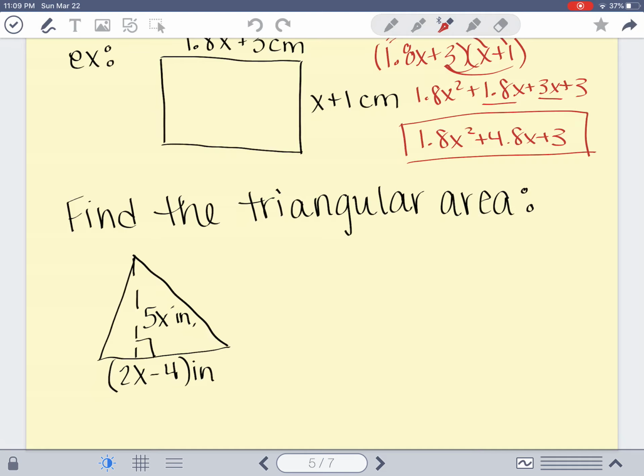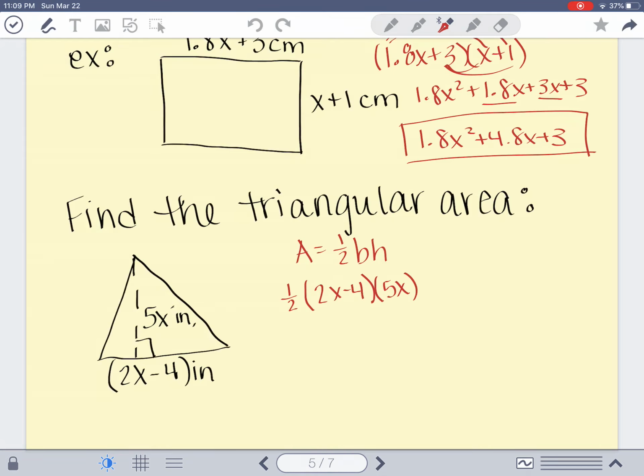Now this last one is a triangle. Okay, remember the area of a triangle is 1/2 times the base times the height. So here we would have 1/2 times the base, which is 2x minus 4, times our height, which is 5x.